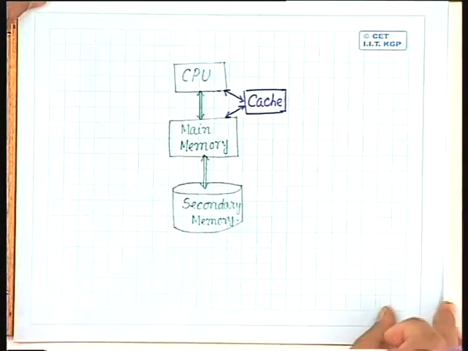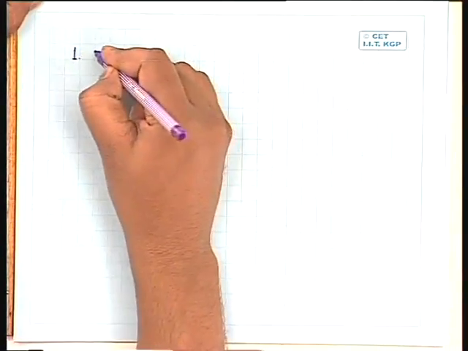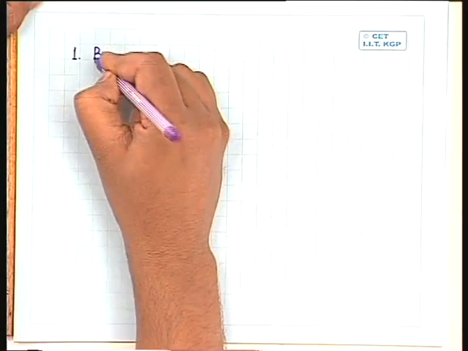Now when you come to main memory organization, there are various ways in which the memory can be organized. The simplest form of organization of a main memory is called a bare machine.